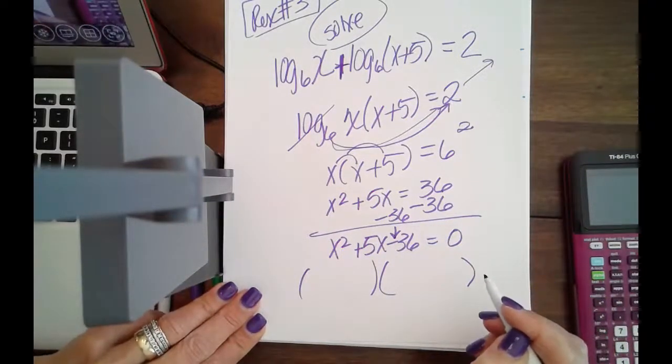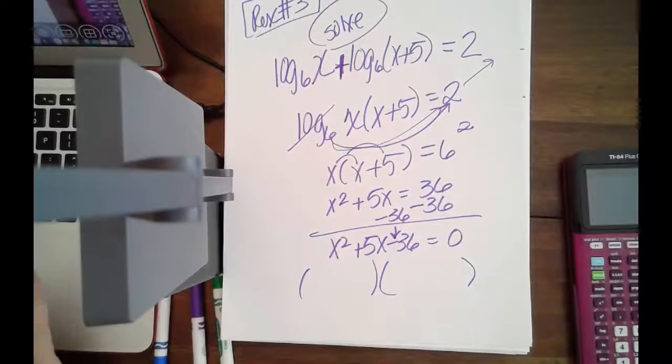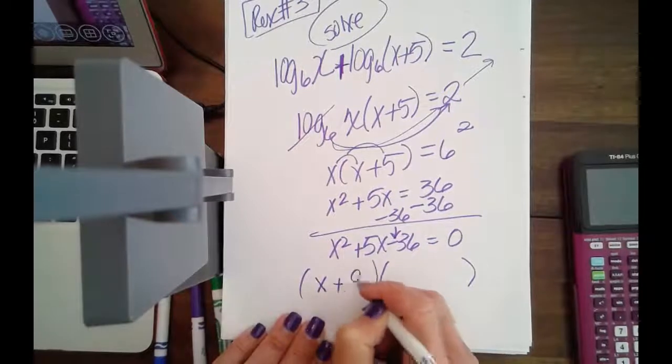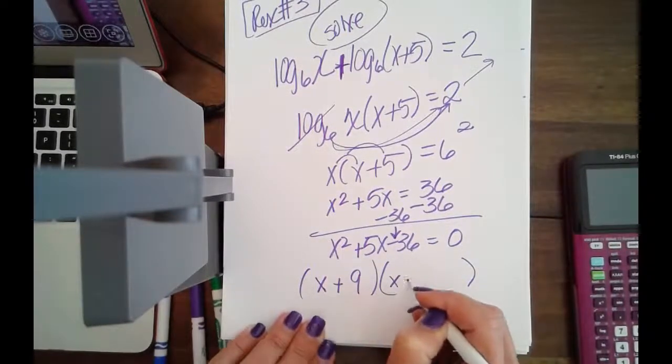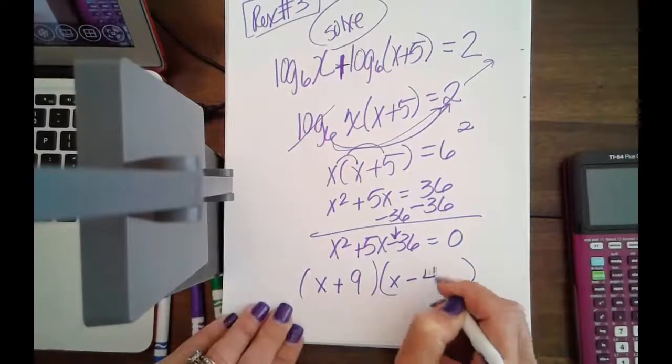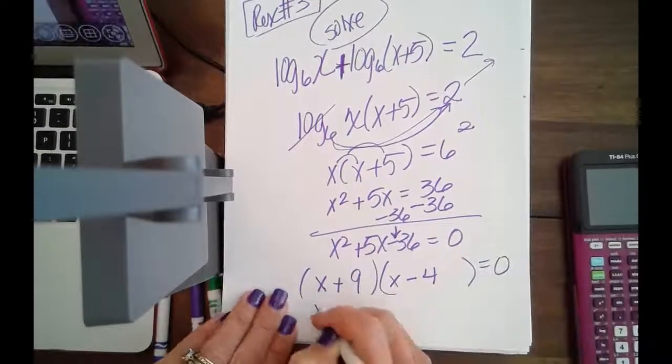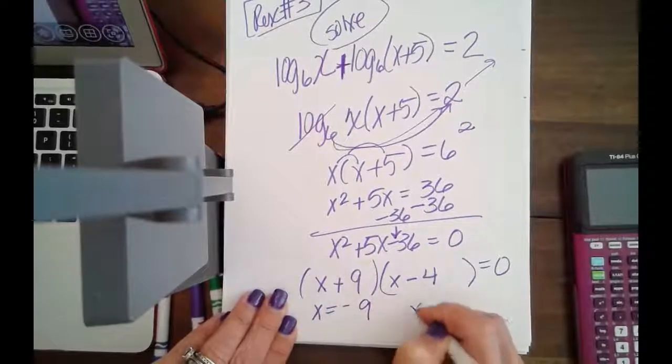Wait a minute. Okay, so it's going to be x plus 9 and x minus 4, because that's going to give me the positive 5 that I need. So that's going to give me x equals negative 9 and x equals positive 4.